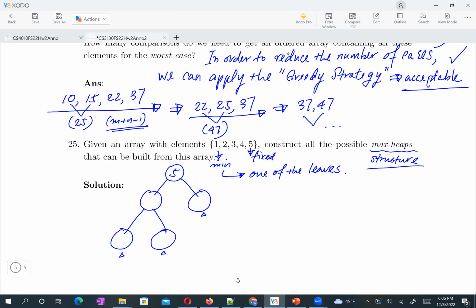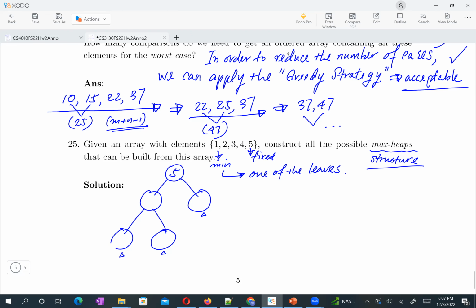So case 1, let's say case 1 is here, case 2, and case 3. Here it's quite confusing, right? Let me try to use a different way to write it.